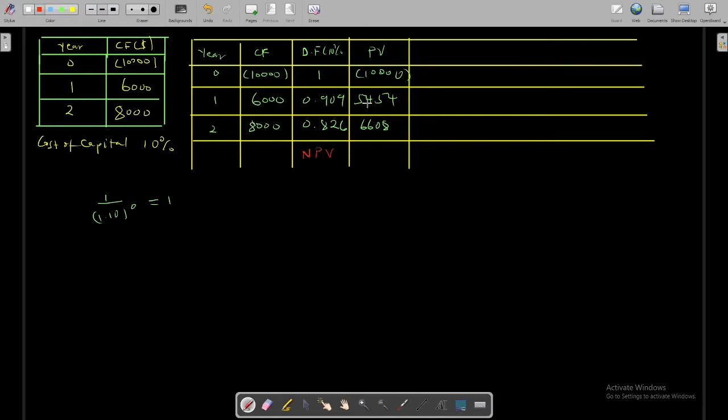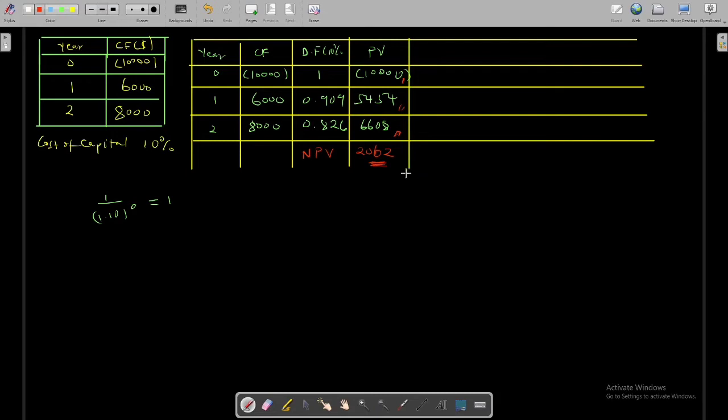It is the addition of these present values minus the initial investment. So 5,454 plus 6,608 gives us 12,062, minus 10,000 gives us 2,062. So at 10%, we got a positive NPV.